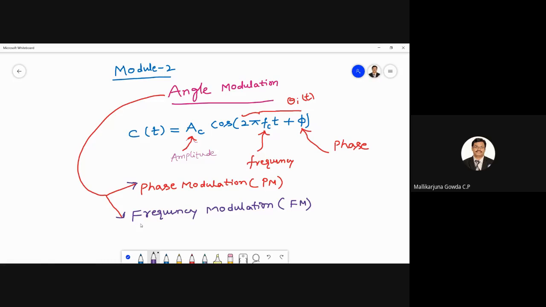The second one is frequency modulation, where the frequency of the carrier is modulated by the message signal. This is the simple definition of phase modulation and frequency modulation.